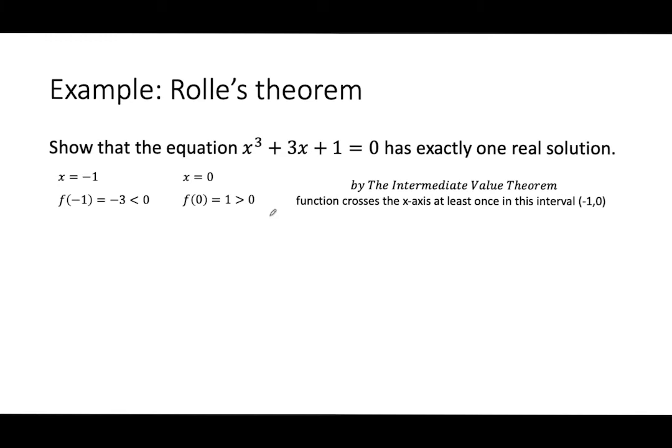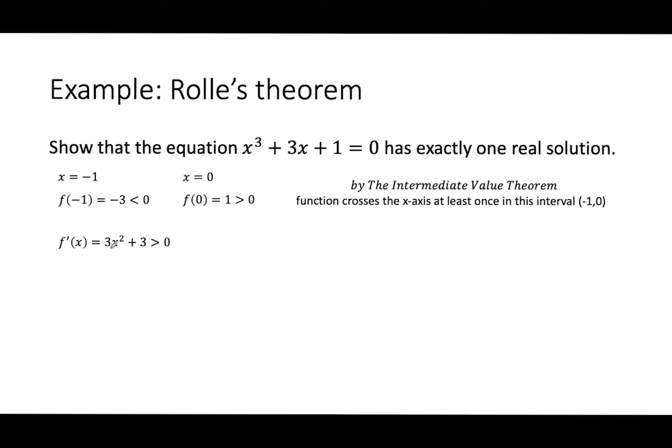So if we get the derivative of this given function and we are able to find some c, it means that we have more than one real solution. So let's take the derivative of this function. It will be 3x squared plus 3. And as we know, x squared will always be greater than or equal to 0.